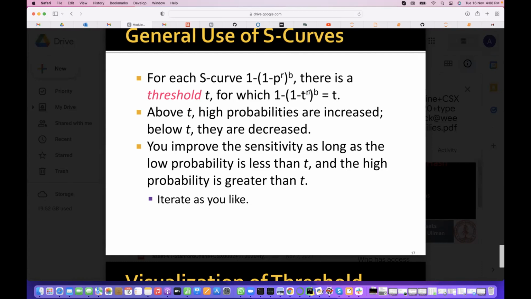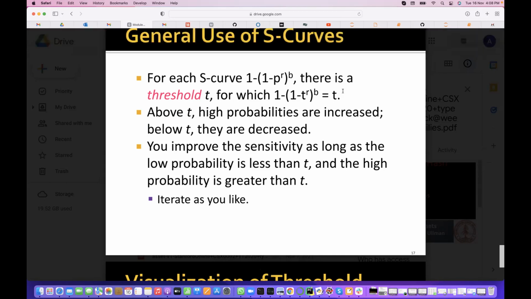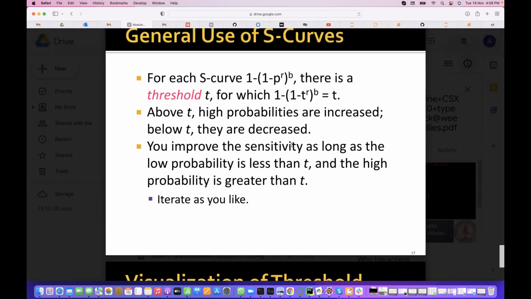R is a fixed number of rows, right? You don't need to optimize this R because you don't have any control; R is your number of signature rows. So only B you can control, by solving this equation. You fix T so that above T, high probabilities are increased, and below T, they are decreased.